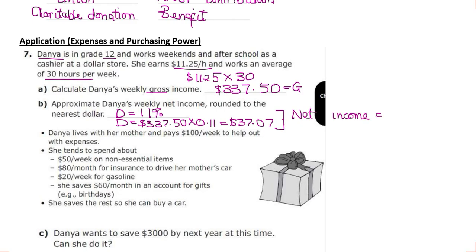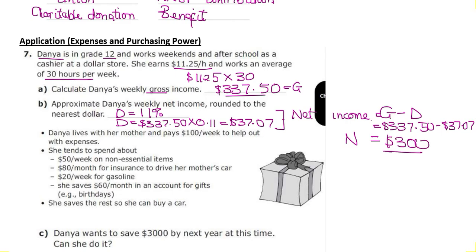So to find the net income, we subtract our deduction from the gross. The gross is $337.50, minus $37.07. This is equal to our net income N, which is approximately $300.